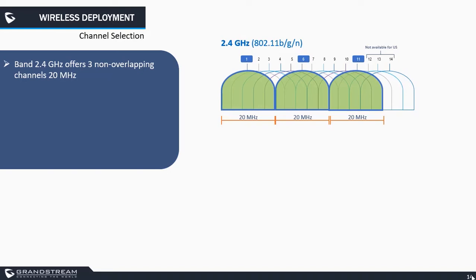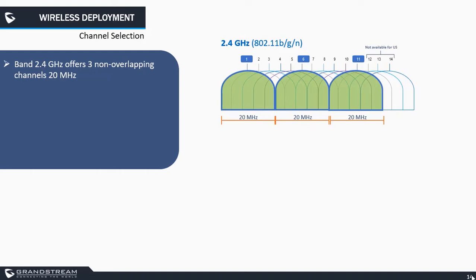Japan uses all of them, that means 14 channels, and the rest of the world, I believe they use 13 channels, except some countries. So as you can see, each channel overlaps with 2 or 4 other channels, and this affects the performance of the wireless connection.